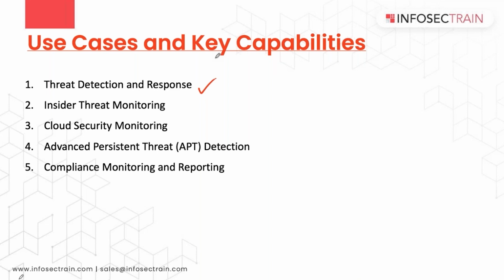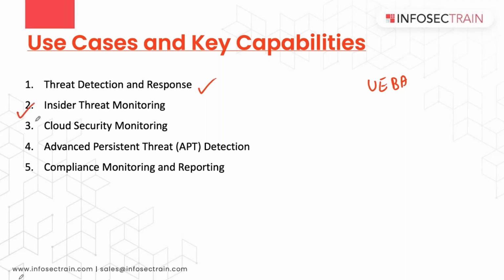Security teams can leverage these advanced analytics capabilities. Even like I was just showing you, there was the option of UEBA, entity behavior analysis, and anomaly detection to identify any suspicious activity and patterns indicative of any cyber threat. So this proactive threat detection empowers the organization to respond swiftly and mitigate the impact of security incidents.